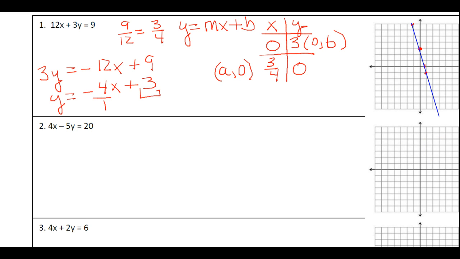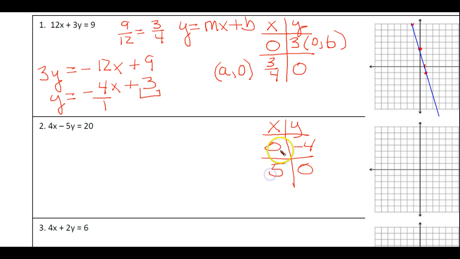We're going to use that x and y intercept T-chart now, because we're not going to get fractions, because I see both of these are divisible by 4 or 5, the 20. So if x is 0, y is a negative 4. And if y is 0, x will be a 5.